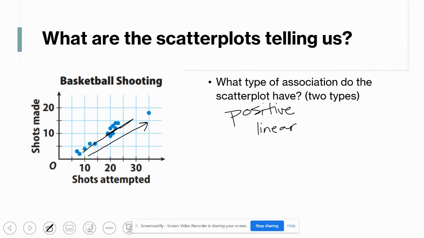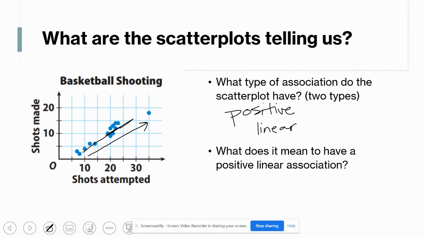Let's continue. The next question is a hidden question on the video, because I didn't want to give away the answers. This question says, what does it mean to have a positive linear association? In this case, it means that the more, remember we said as x increases, y increases. So the more means increase.